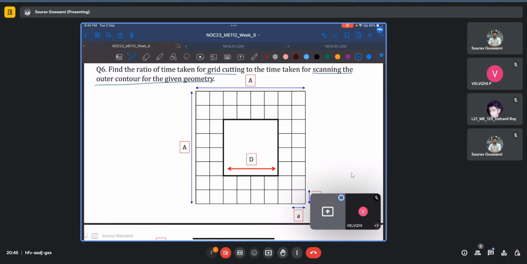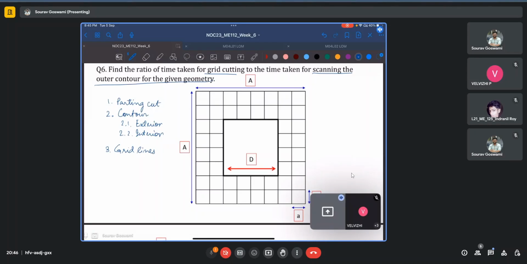There will be a parting cut to isolate the current canvas or the current region of the sheet which has to be bonded. Second would be the contour cutting, which includes both the exterior and interior contours. And the third would be cutting the grid lines.